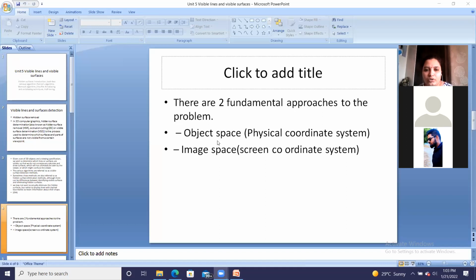The remaining two algorithms that we are going to learn are the Z-buffer algorithm and the area subdivision algorithm. In area subdivision and Z-buffer, we are using the image space, that is, the screen coordinate system. So this much part we have seen in the previous lecture.